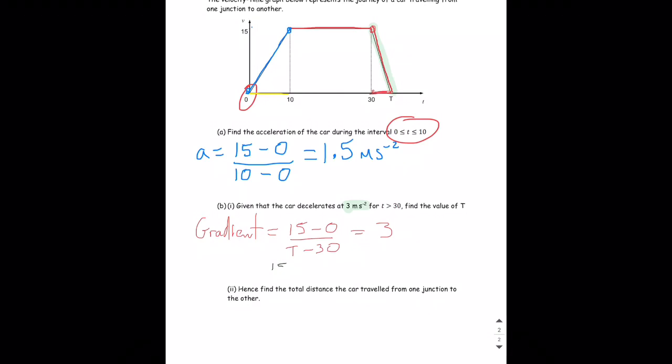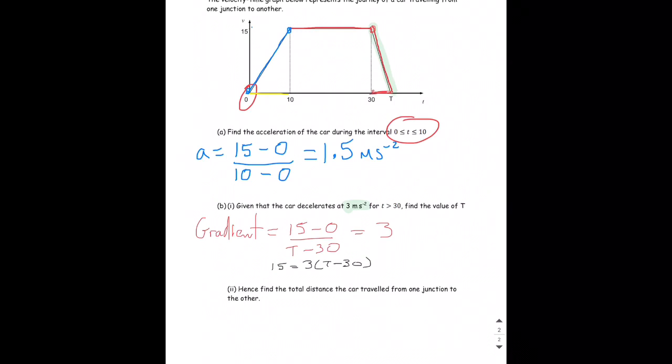So we get 15 equals 3 times t minus 30. So 3t minus 90 is 15. And then if I bring that minus 90 over to be add 90, that will be 3t is 105. Divide by the 3, so t should be 35 by the looks. T there is 35, 105 divided by 3.